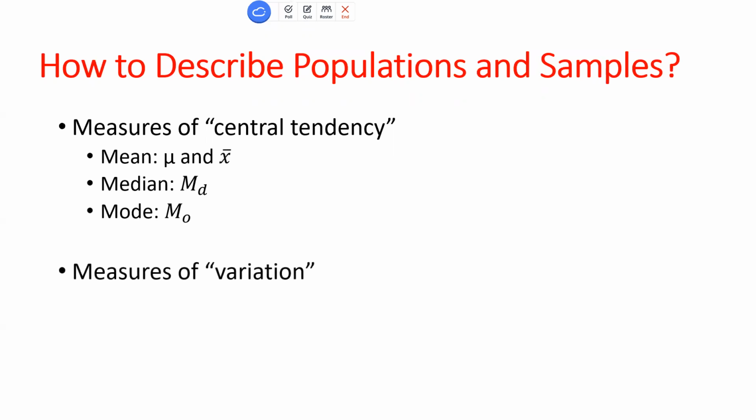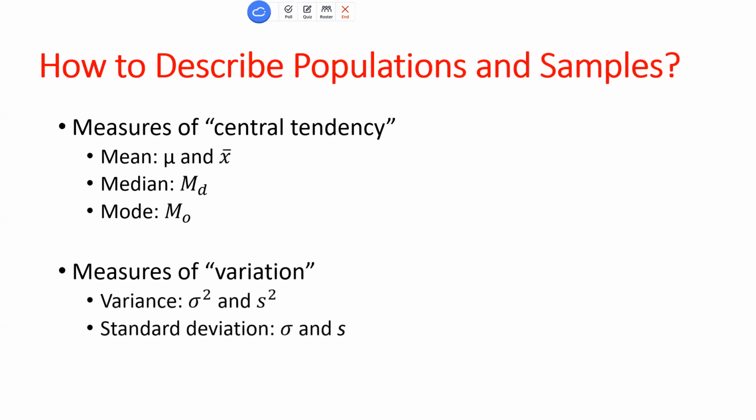And then we'll move to measures of variation, right? I'll really talk more about the variance and standard deviation on Wednesday. But for now, what I want you to take out of this slide is that when we start talking about these different statistics, we're going to start using Greek letters. This Greek letter mu is the mean of a population data set, right?